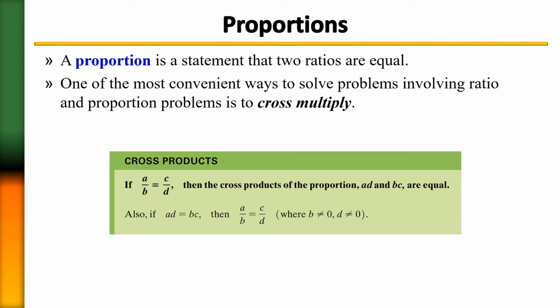If you have a fraction or a rational expression on one side and one rational expression or fraction on the other side, you can use cross multiplication because the cross products rules state that the cross multiplying of those sides are equal.